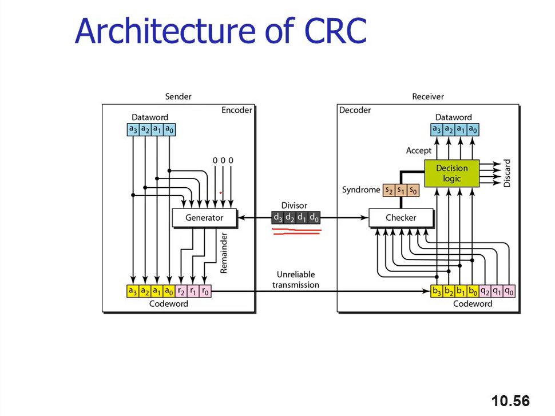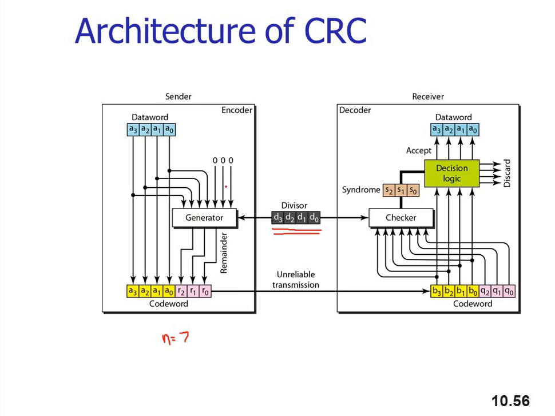So you need 7 bits. These 4 bits are fed to the generator, and for the remaining 3 bits which you want to generate, you add 3 zeros. So the 7-bit code word, that is n equal to 7, is here. For that purpose you add 3 extra bits to get a remainder.